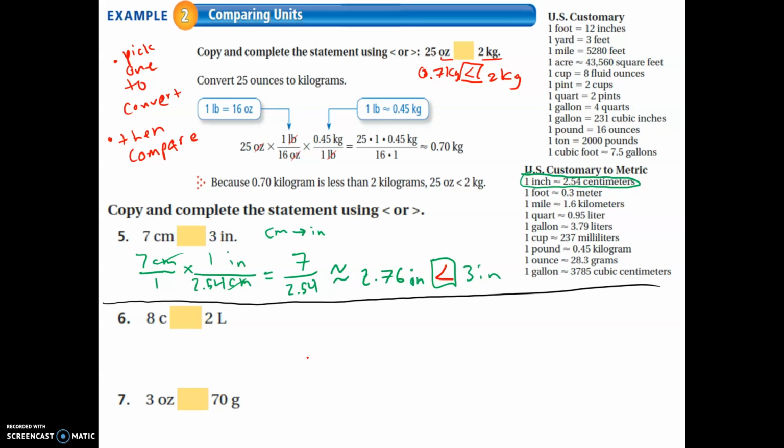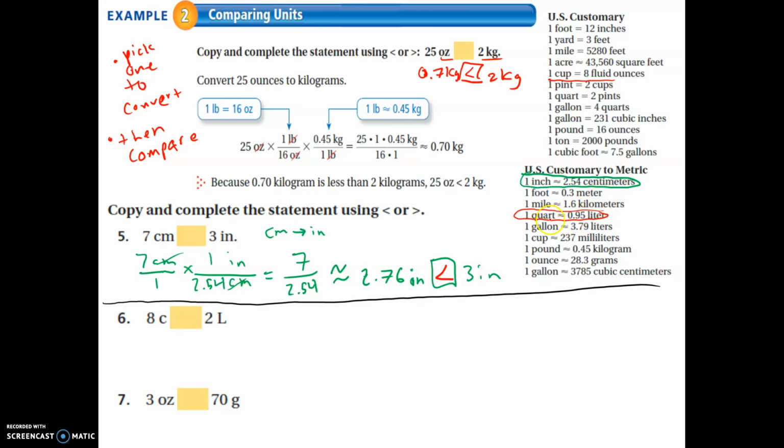So this next one, we're going from cups to liters. We have a little bit of a problem here, because when we go up to our list, we have cups to pints, or cups to fluid ounces. We do not have cups to liters. What we do have is quarts to liters or gallons to liters. So we're going to look at quarts to liters. We need to get our cups to become quarts.